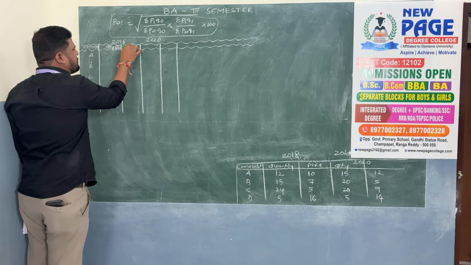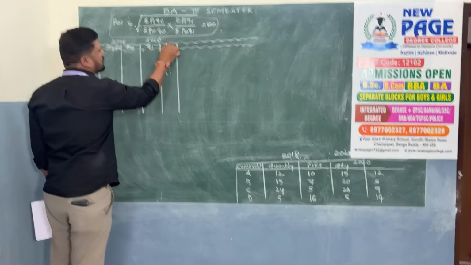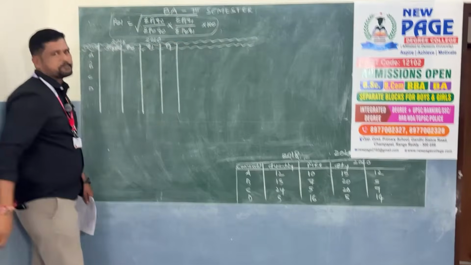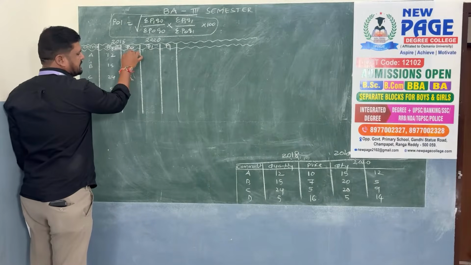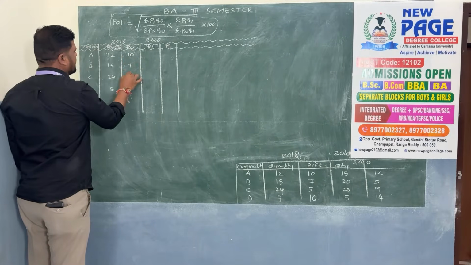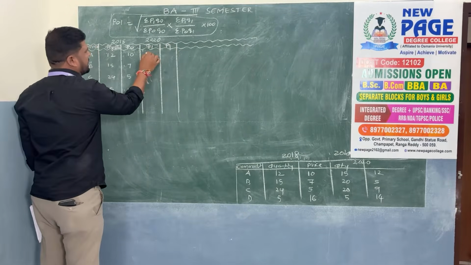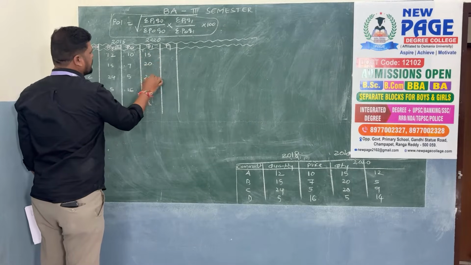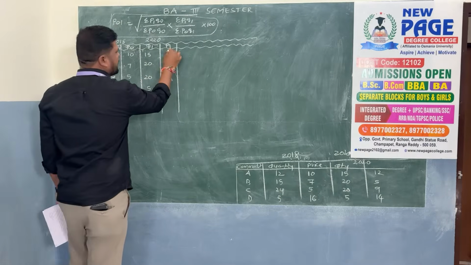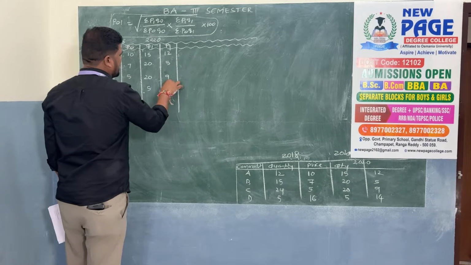Prices are 10, 7, 5, 16. Then quantity for 2020, Q1, is 15, 20, 25. P1 is 12, 5, 9, and 4.